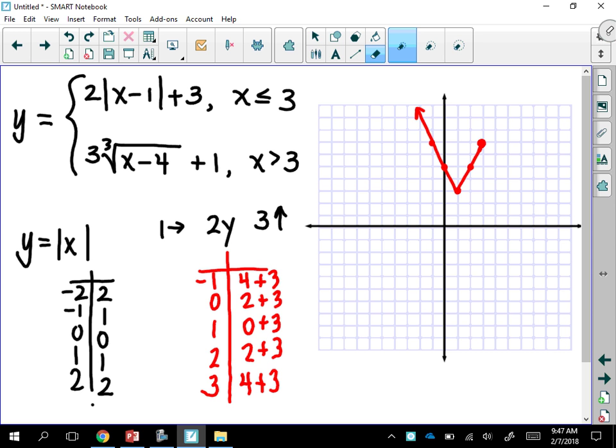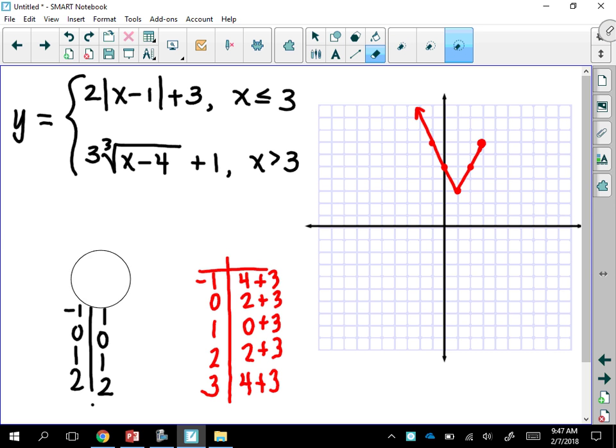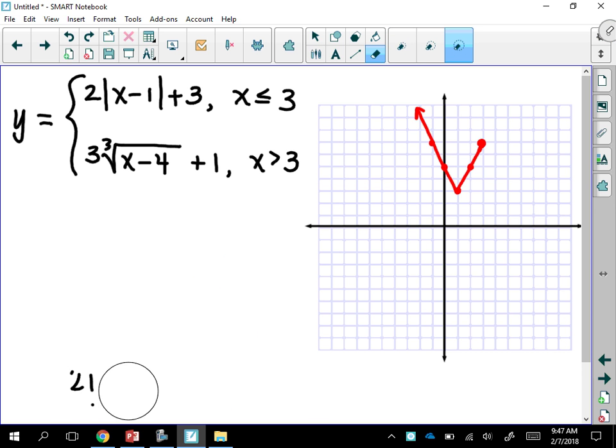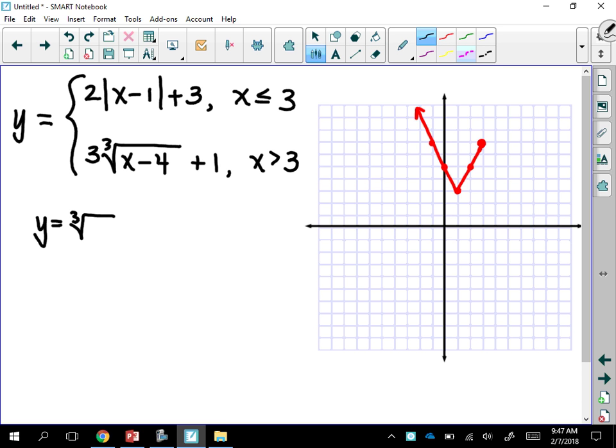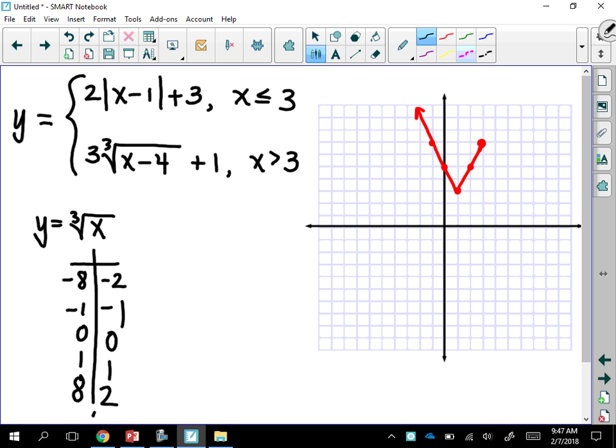Okay, then I'm going to do the cubic root function. My parent function is y equals the cubic root of x. What are points that are on that parent function? -8, -2, -1, -1, 0, 0, 1, 1, and 8, 2.